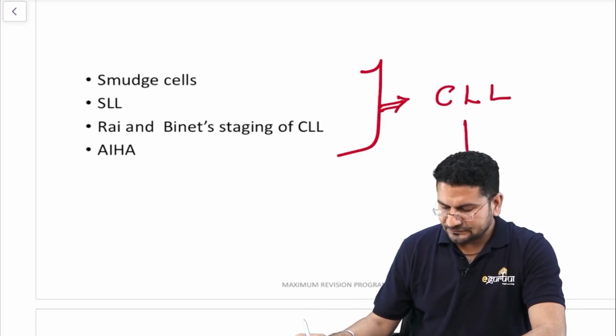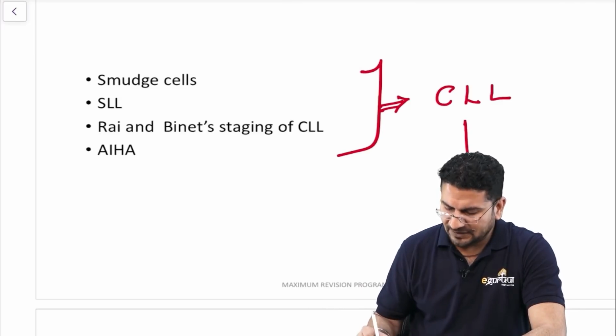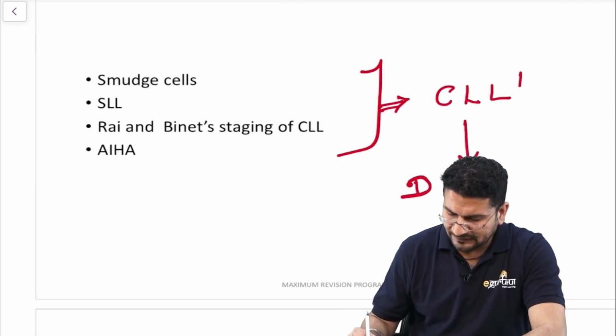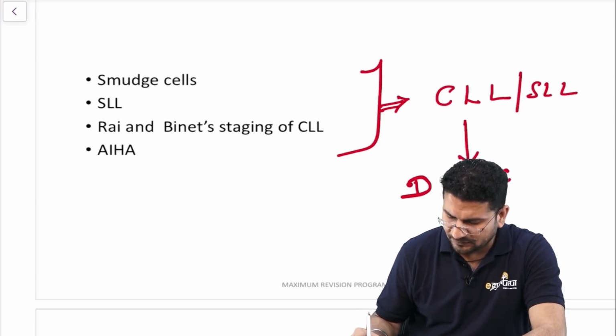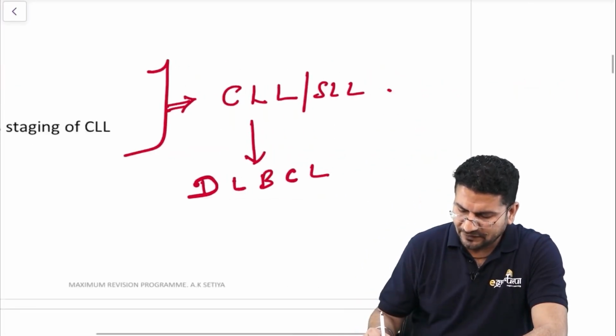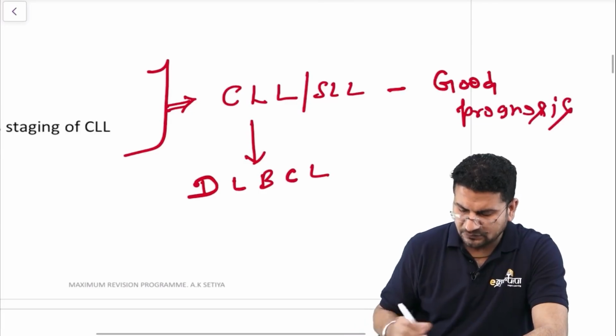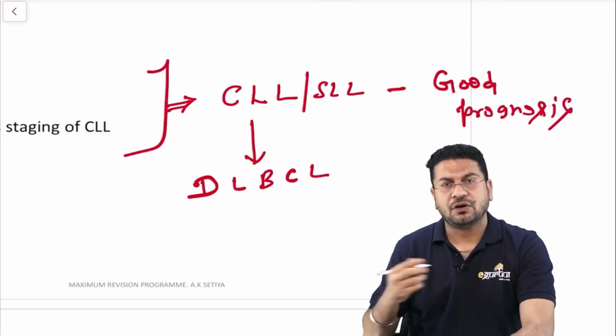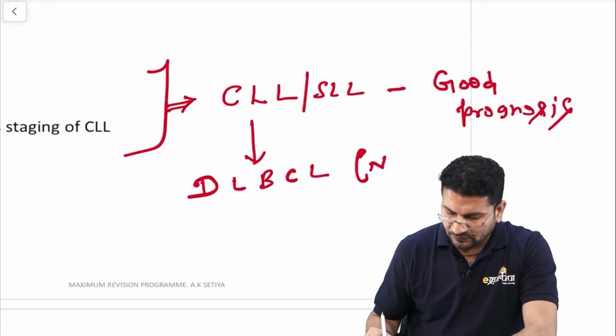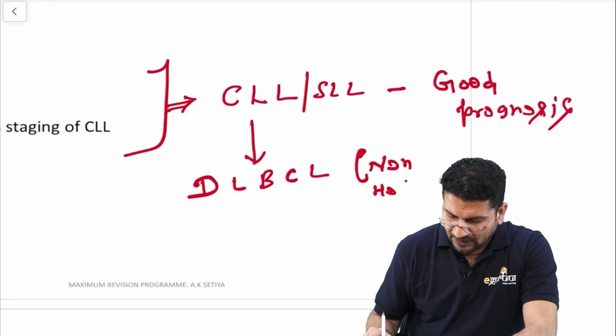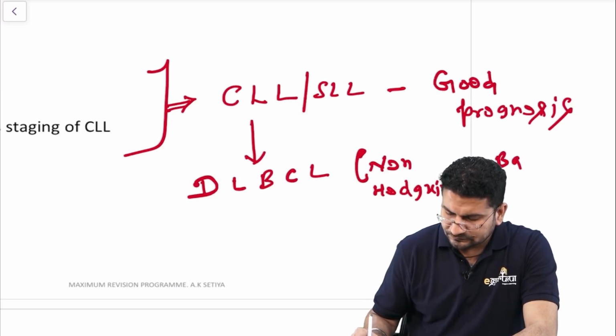CLL or SLL sometimes can transform, because it has a lymphoma component also, into diffuse large B cell lymphoma. Overall it carries a good prognosis, but when it converts into diffuse large B cell lymphoma, which is a non-Hodgkin lymphoma, it now carries a bad prognosis.